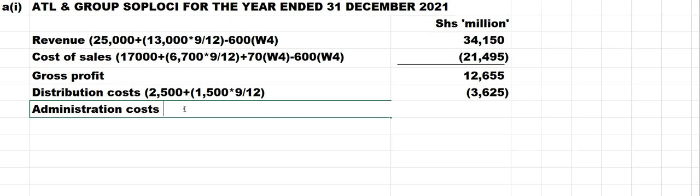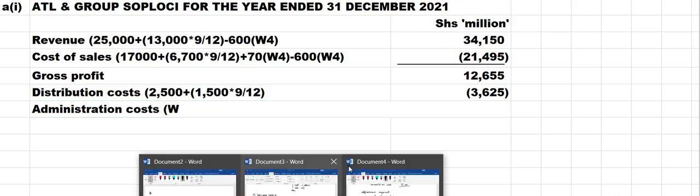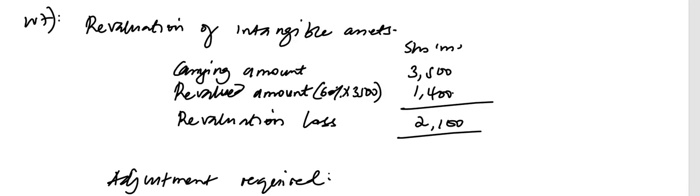Now for the administration costs, I think it's better we make a working for them, because we have a lot of adjustments to make. This was working 7. I can make that to be my working 8.